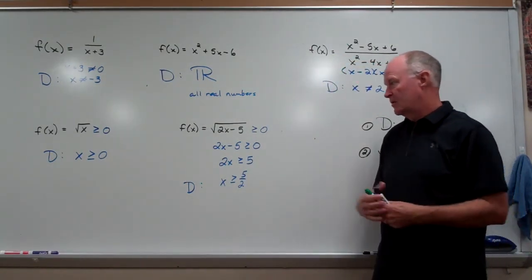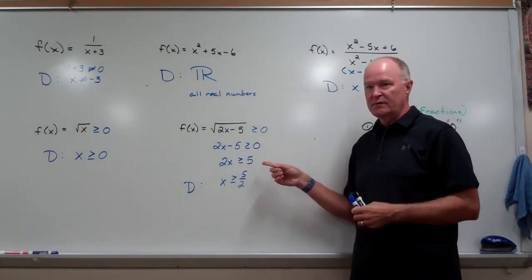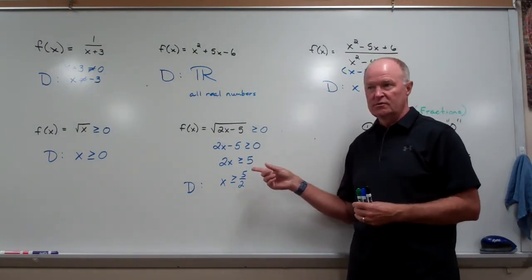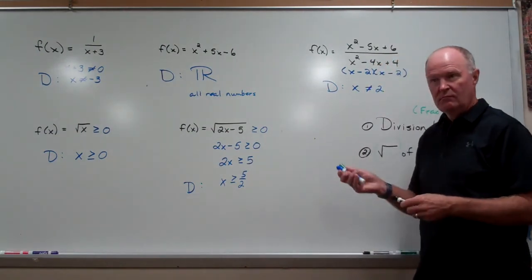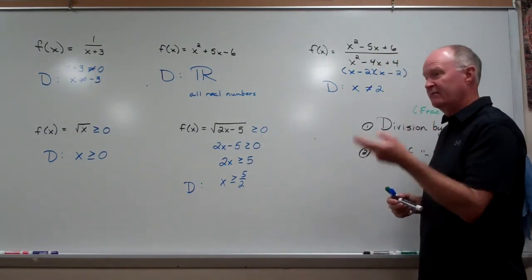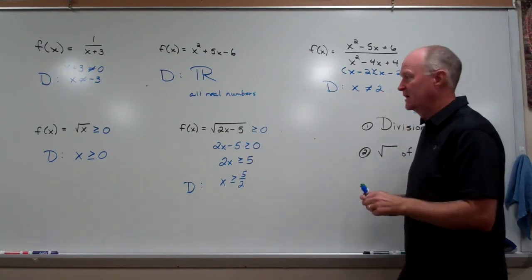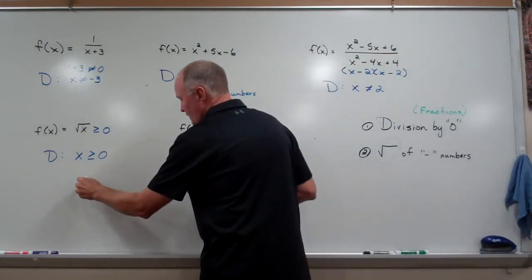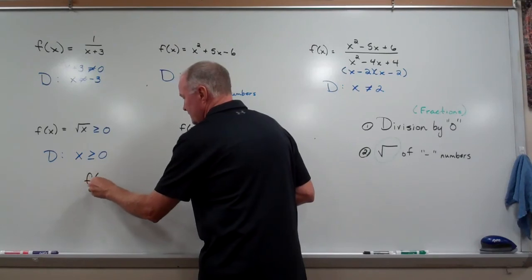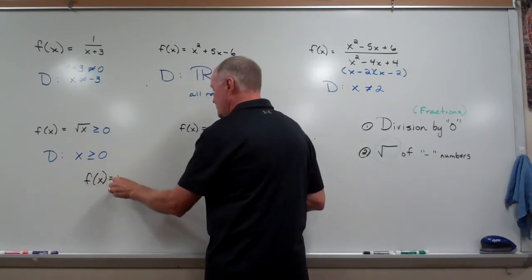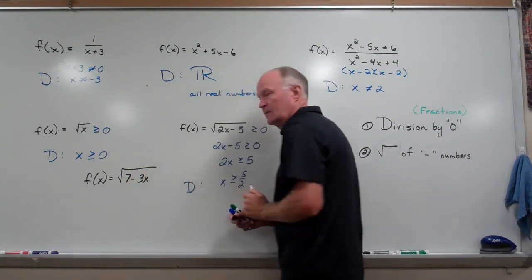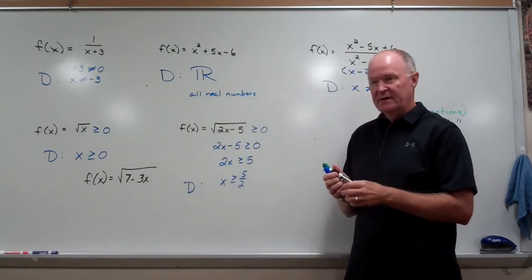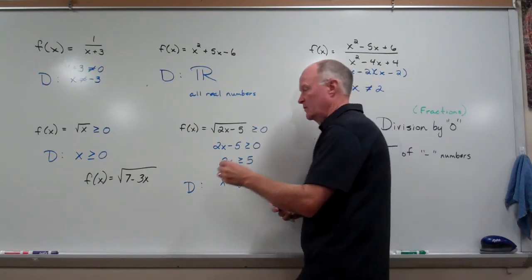Now, does anybody remember the one thing you got to watch out for with inequalities when you're trying to solve them? If I divide by a negative, I'm going to have to flip the sign. So let's just say, example-wise here, I had the square root of 7 minus 3x. And I wanted to find the domain.